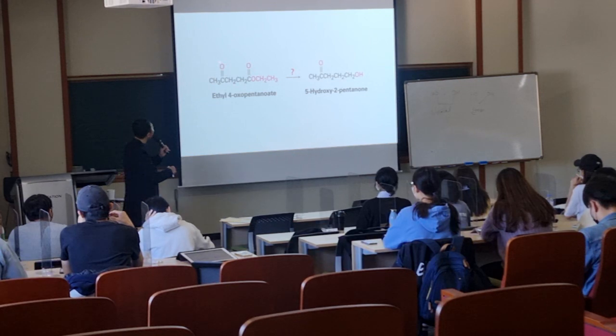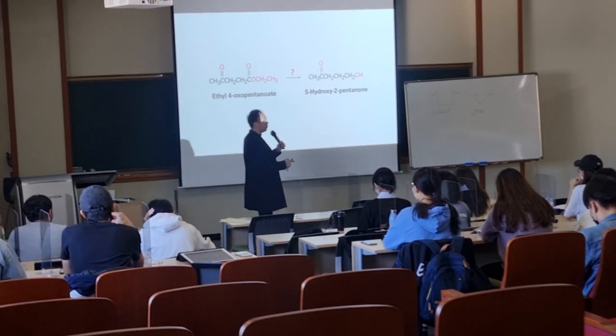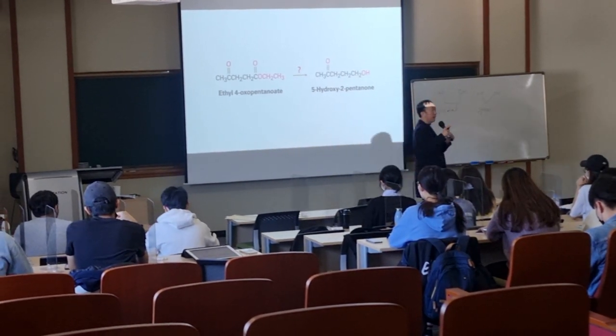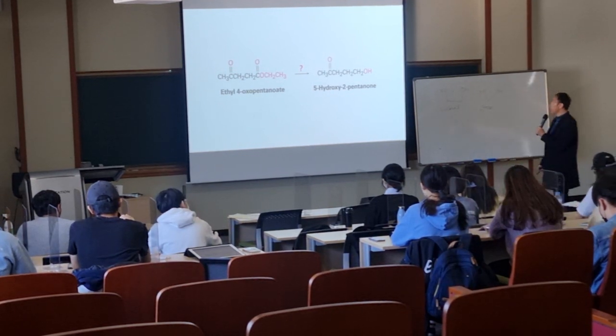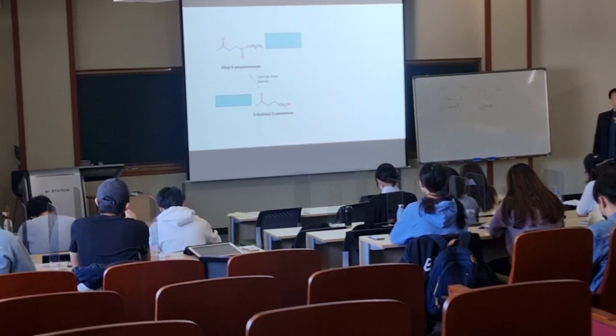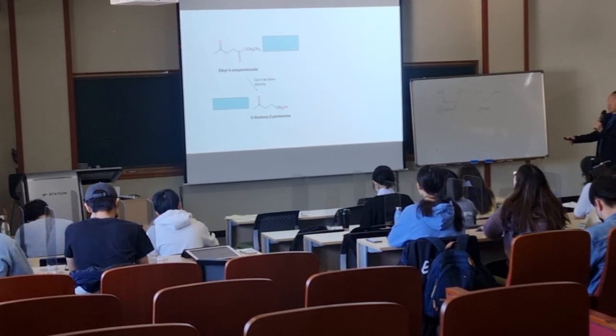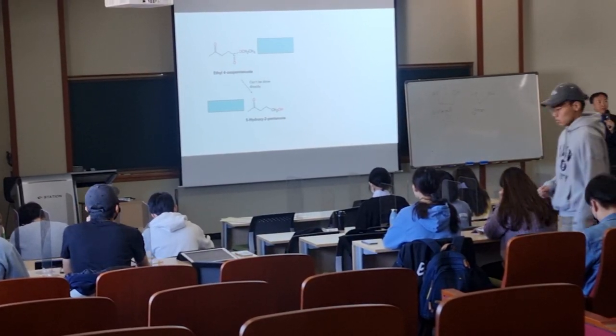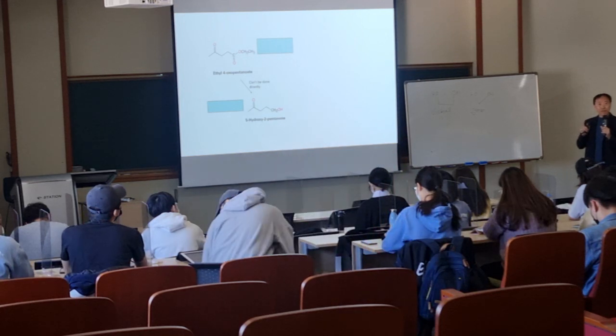Now here, usually the ketone is more reactive than ester. So in this case, this reaction may not happen directly, so you want to protect this side. How? By making acetal.